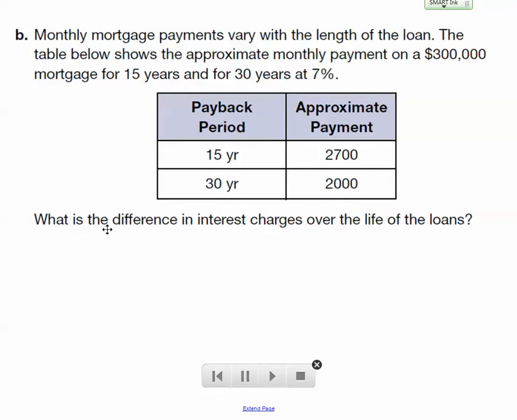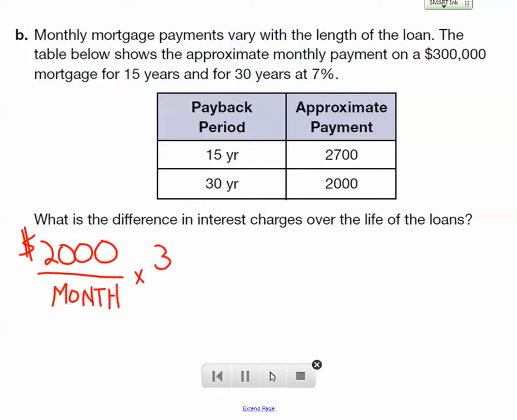Okay, so we're being asked what's the difference in interest charges over the life of the loan. Again, we got the person paying $2,000 a month for 360 months. Same math we did on the last problem, and that's going to be $720,000.